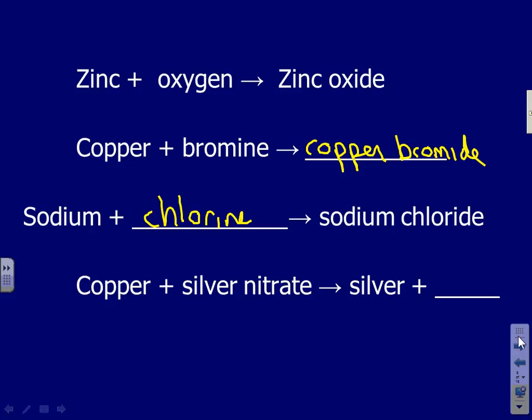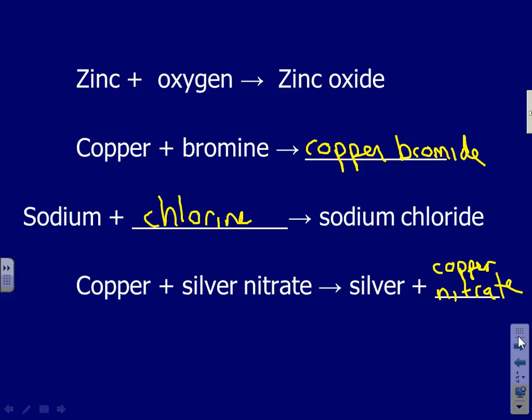This is what we call a single displacement reaction. We'll talk about this more later on in the week, but the copper displaced the silver in the compound. So to keep everything that we had at the beginning, because we've got to make sure we have the same stuff, we end up with copper nitrate, right? Copper nitrate. Excellent.